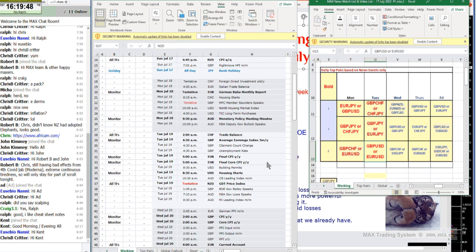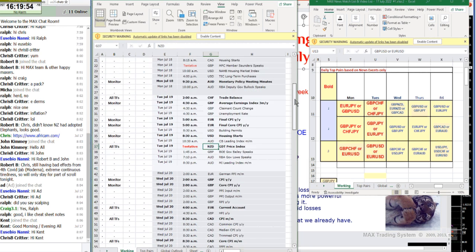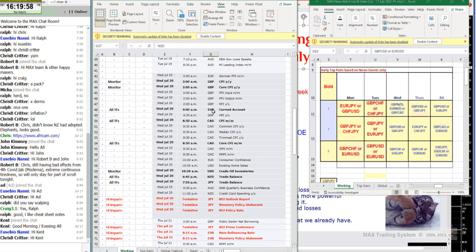Okay. So leftovers from Tuesday is the Kiwi, but we don't have the Kiwi pairs, so not important. The euro, okay. CAD, okay. That's it. So we will have euro yen, euro US dollar.